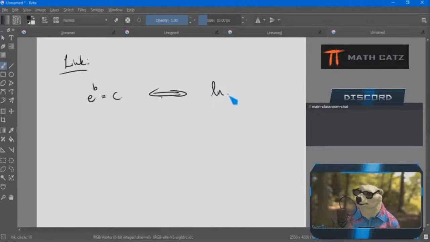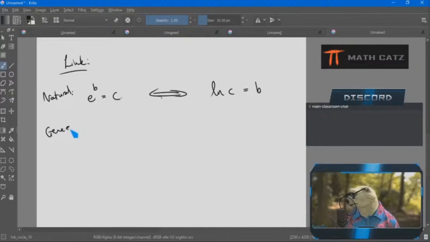The log function says, give me that answer, and I will return to you the power of e that would get you that answer. It's just flipped around.